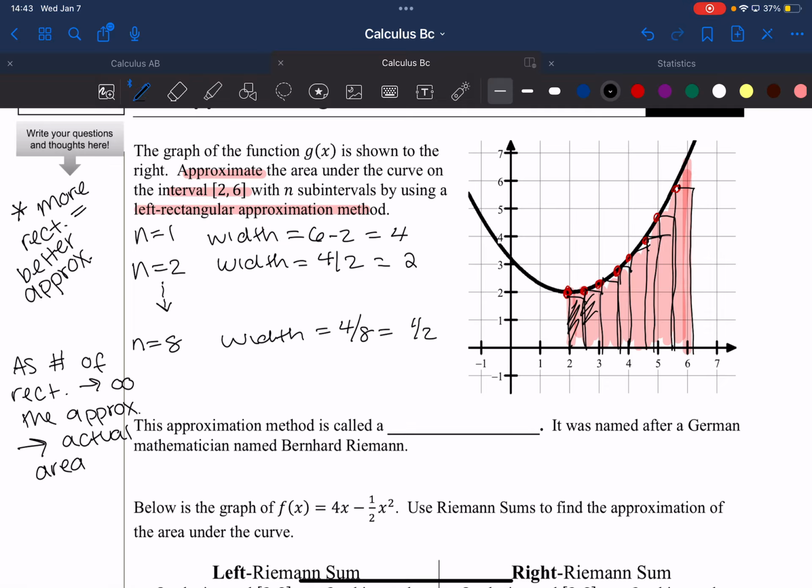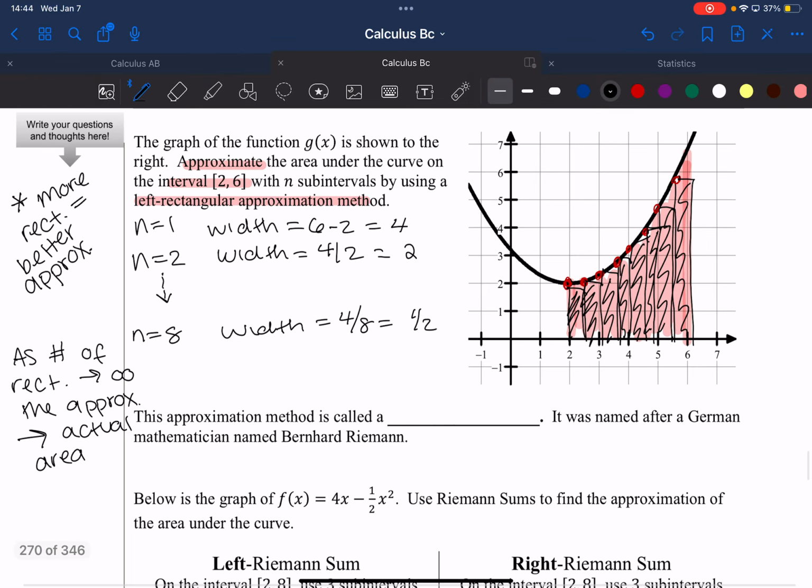So that's 1, 2, 3, 4, 5, 6, 7, 8. Okay, so everything that I shaded in with those rectangles is my area approximation. Notice it's not covering exactly all of the pink highlighter. Very close, but it's not covering all of it. So I can't say this is going to be the exact area.